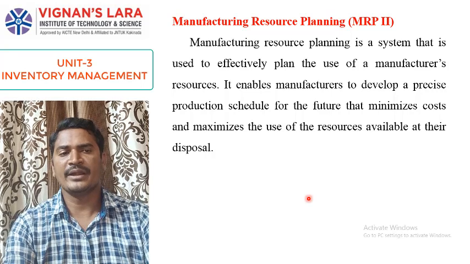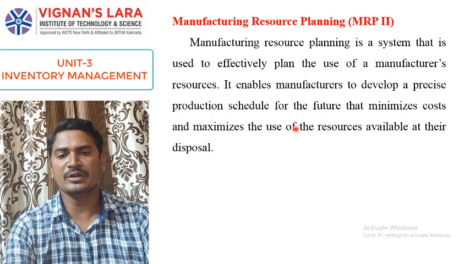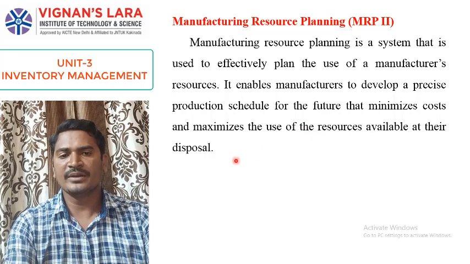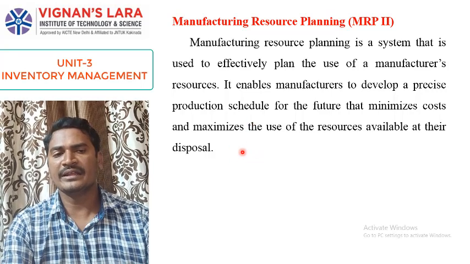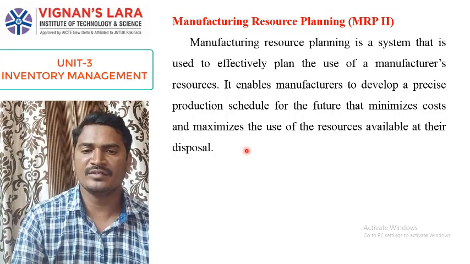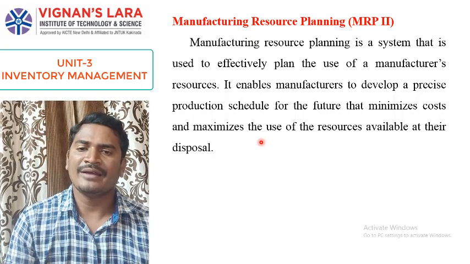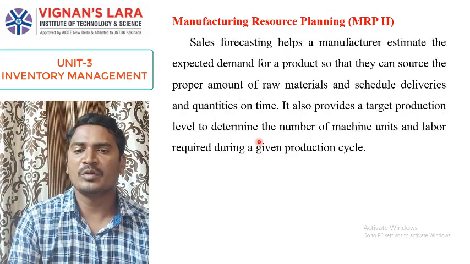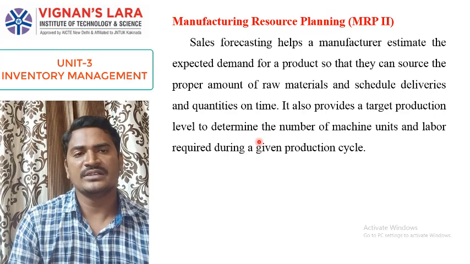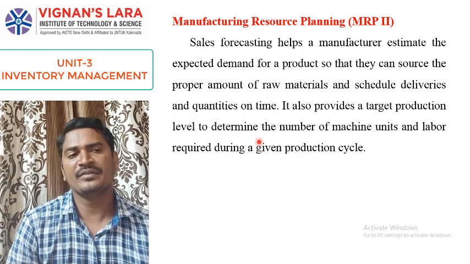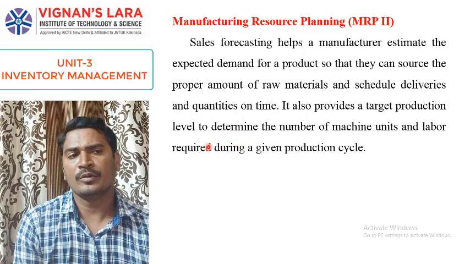Those are the information we maintain, and it enables manufacturers to develop a precise production schedule for the future that minimizes cost and maximizes the usage of resources available at their disposal. With the help of manufacturing resource planning, we avoid idle times of the process, utilize the machines in a proper manner, and get the profits.